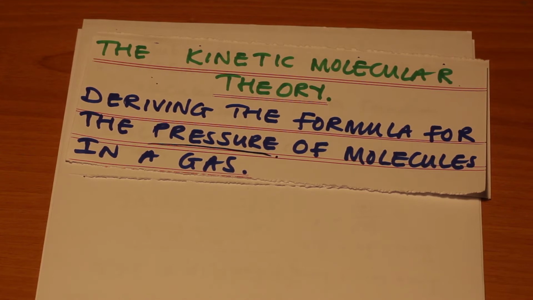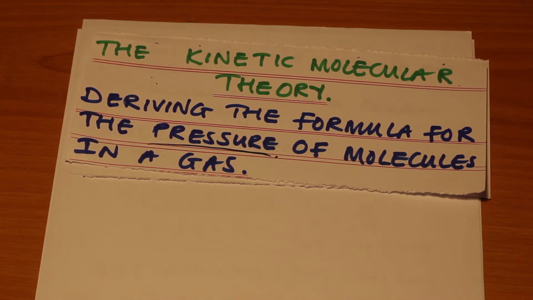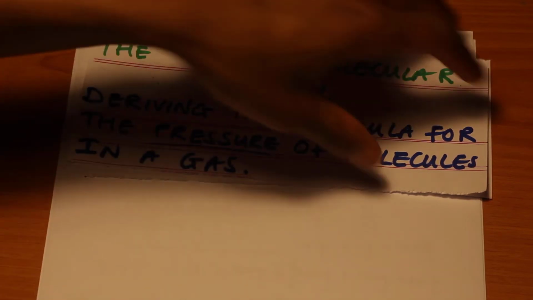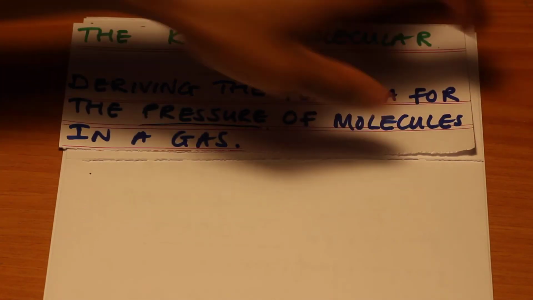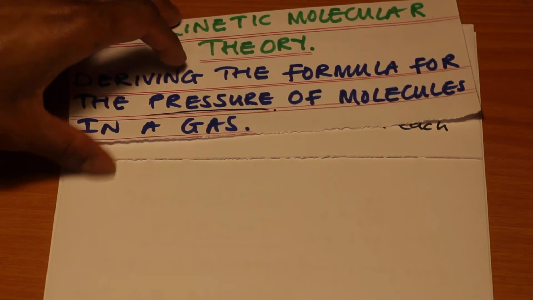There is a lot of space in between the molecules, so there is free movement. That is why it is easier for us to look at how molecules in a gas interact with each other and with the surroundings in which they're enclosed. So today we'll be looking at the pressure of molecules within a gas.